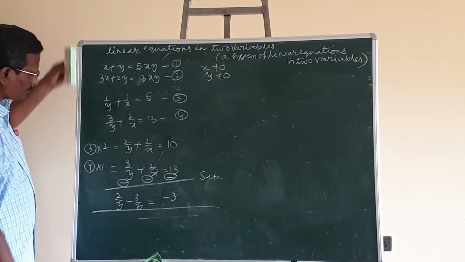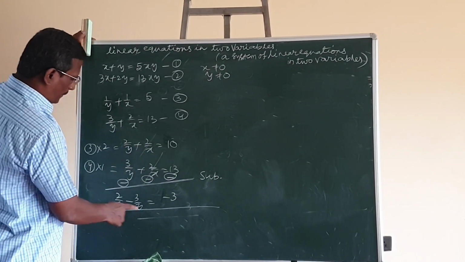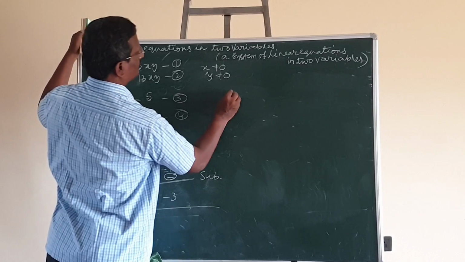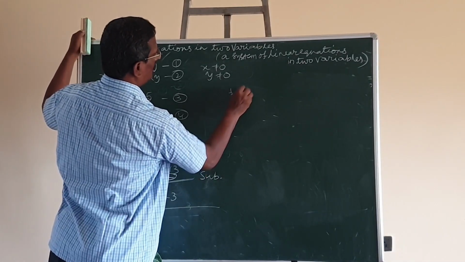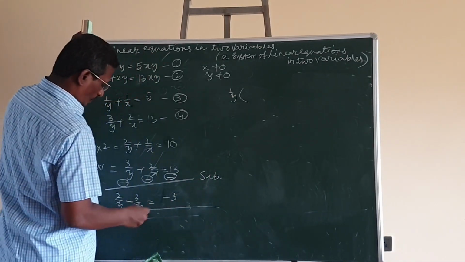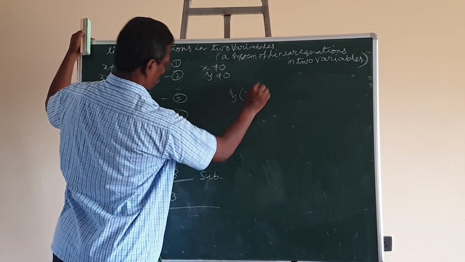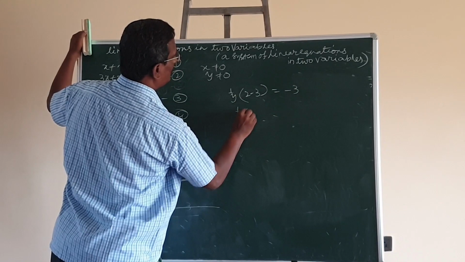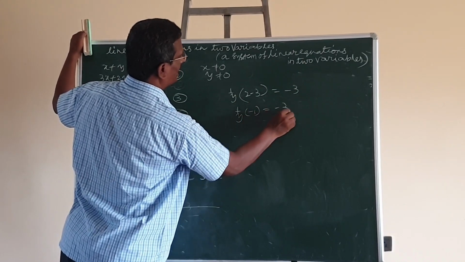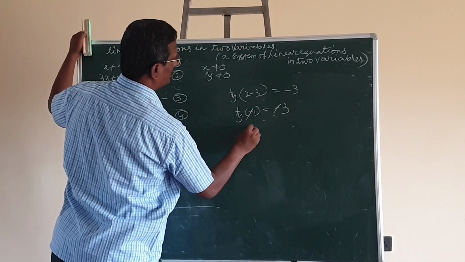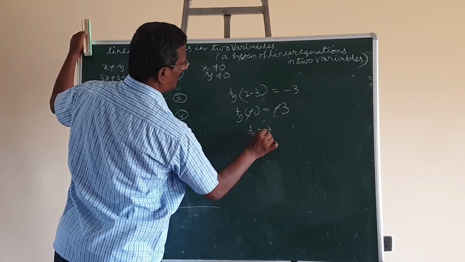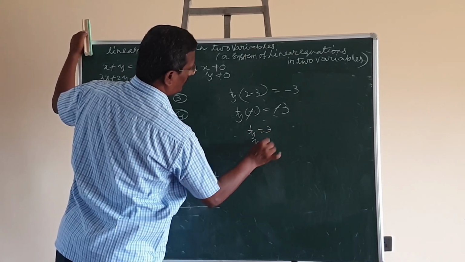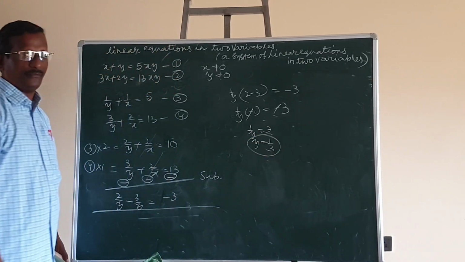Now 2 upon y minus 3 upon y, 1 by y into 2 minus 3, is equal to minus 3. 1 by y into minus 1 is equal to minus 3. Minus on both the sides cancel. 1 by y is equal to 3, or y is equal to 1 by 3. This is the value of y.